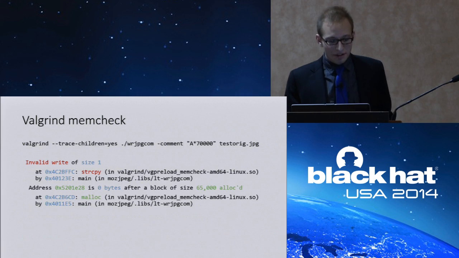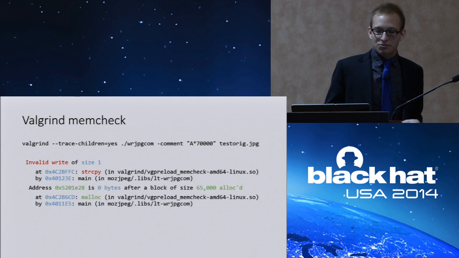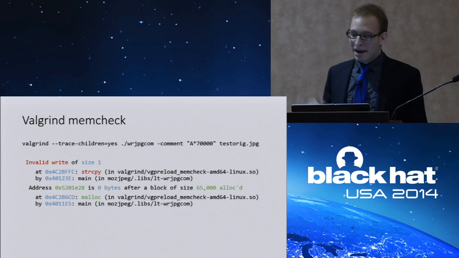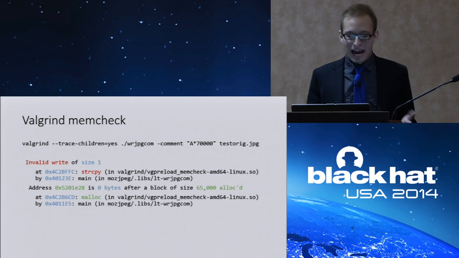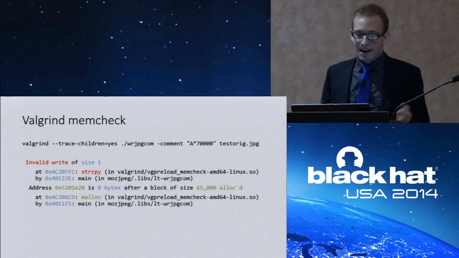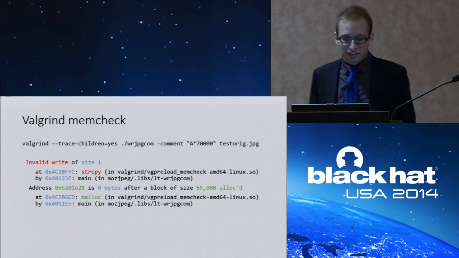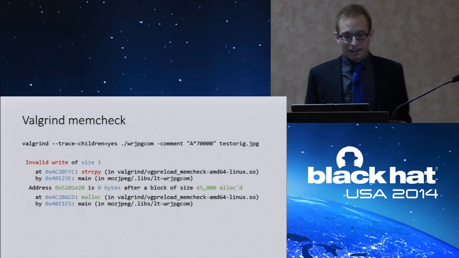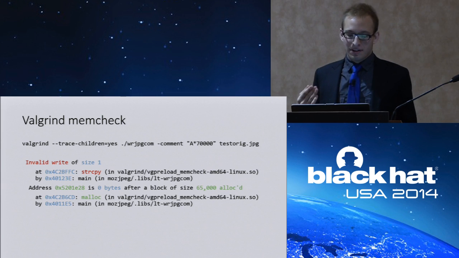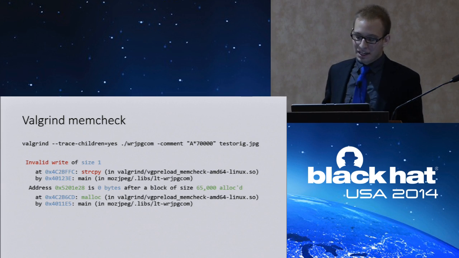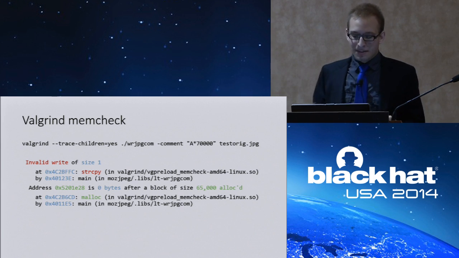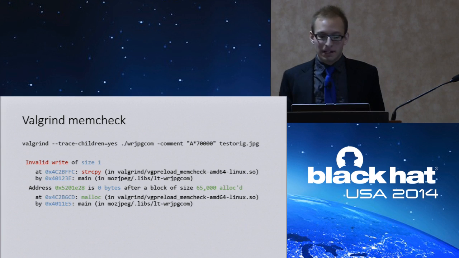So this is us running Valgrind on wrjpeg.com, and we pass in 70,000 A's after a single quote, and it exercises the code path we just looked at, and it tells us we have an invalid write of size 1 in strcpy, to this buffer on the heap, which is supposed to be 65,000 bytes long.